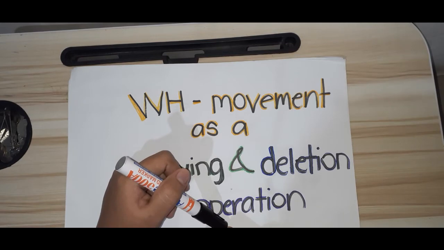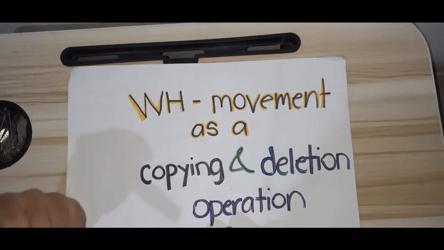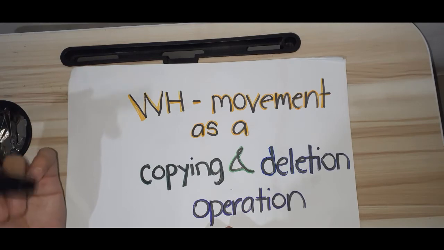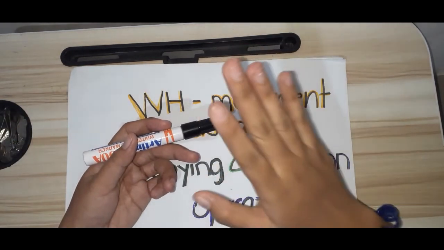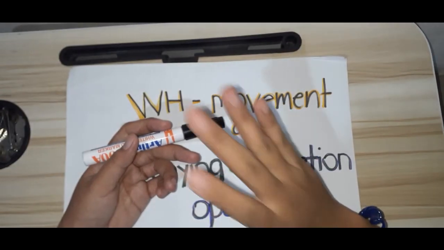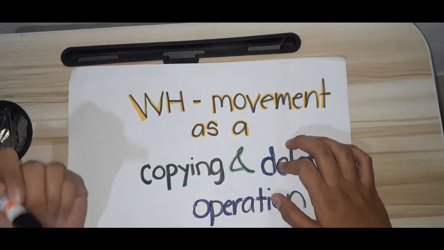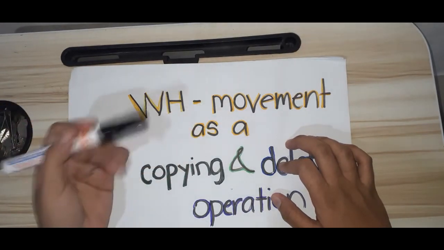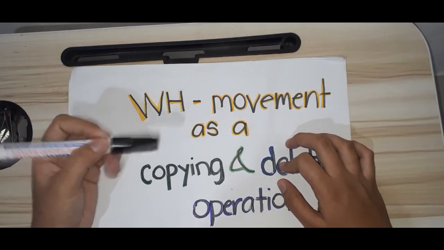The first stage is for a copy of the moved WH expression to be moved into the specifier of CP, or complementizer phrase. The second stage is for the original occurrence of the WH expression to be deleted.